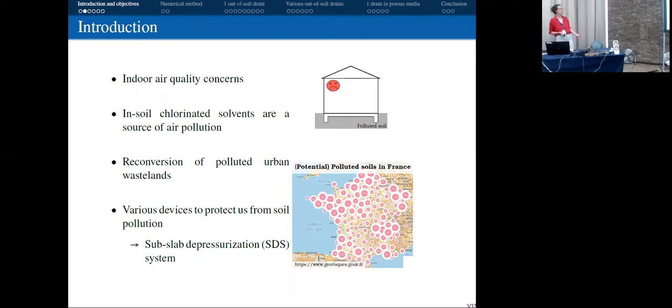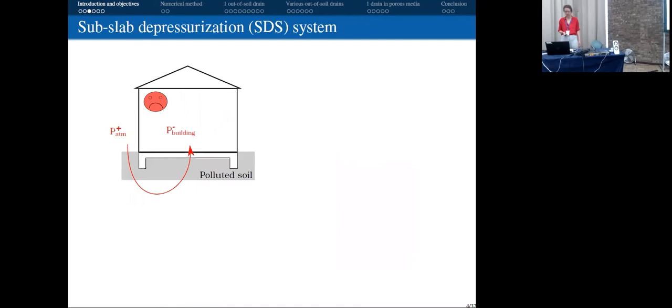We can find them in former industrial fields, but there exist various devices to protect us from soil pollution, and one of them is the subslab depressurization (SDS) system. How does it work? In a classical case, the atmospheric pressure is higher than the building pressure.